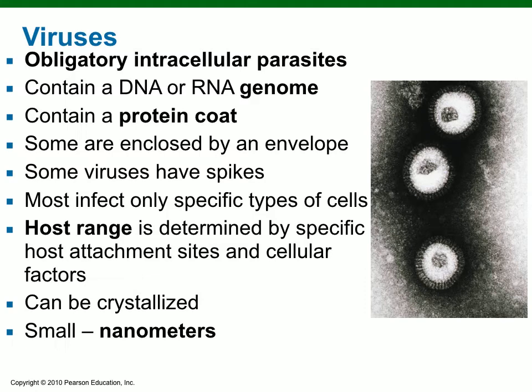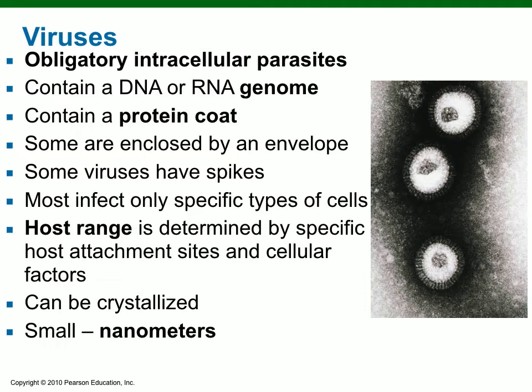Most viruses will have protein spikes that extend from the coat or the envelope. Most viruses only infect one type of cell, and their host range is determined by specific host attachment sites on those spikes usually.